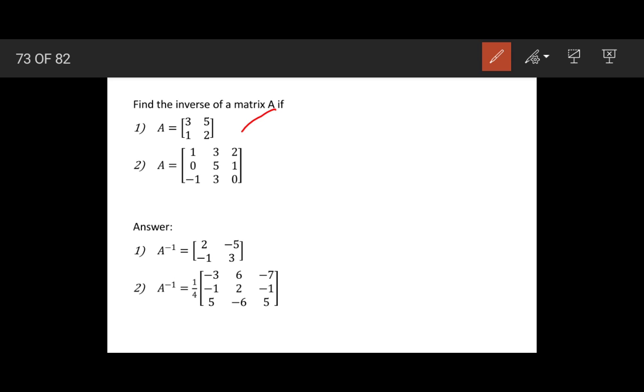Okay, and substitute the value of determinant of A and adjoint of matrix A. Okay, second is a 3 by 3 matrix, right? So answer is given. So just solve these 2 sums and check your answer.